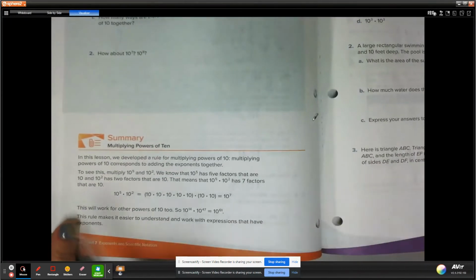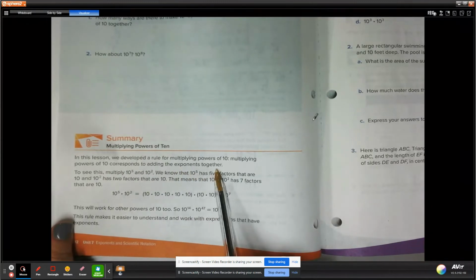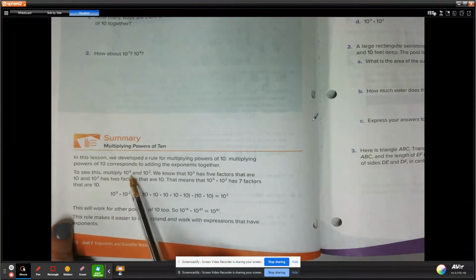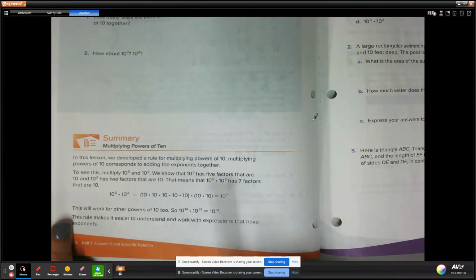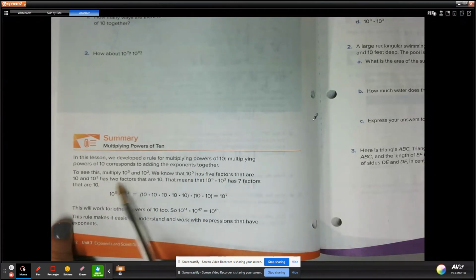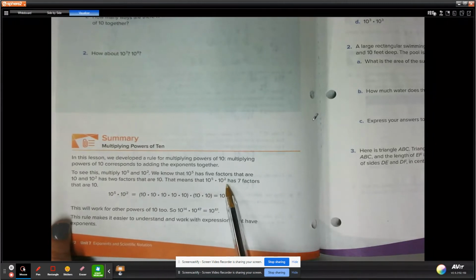Okay, so here's our summary. In this lesson, we developed a rule for multiplying powers of 10. Multiplying powers of 10 corresponds to adding the exponents together. To see this, you multiply 10 to the 5th and 10 squared. We know that 10 to the 5th has 5 factors that are 10, and 10 squared has 2 factors that are 10. That means that 10 to the 5th times 10 squared has 7 factors that are 10. And here's the expanded form, 10 times 10 times 10 times 10 times 10.